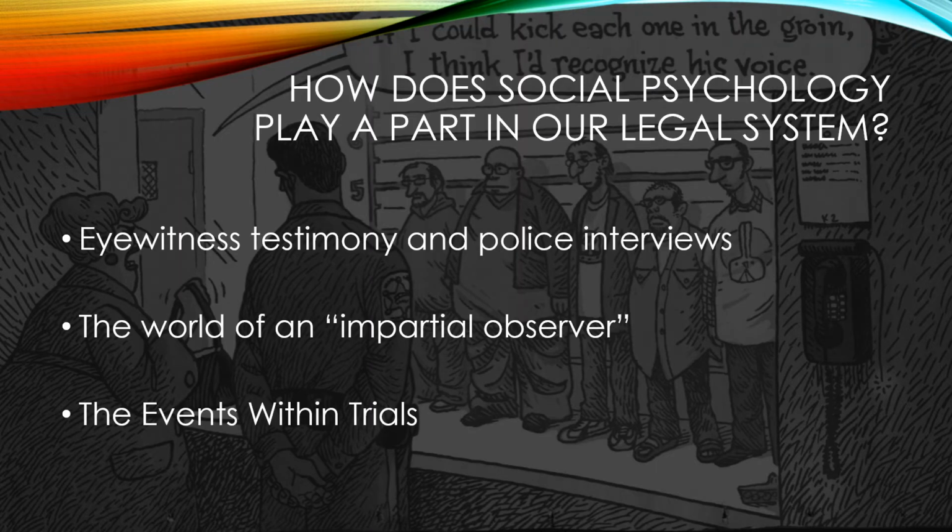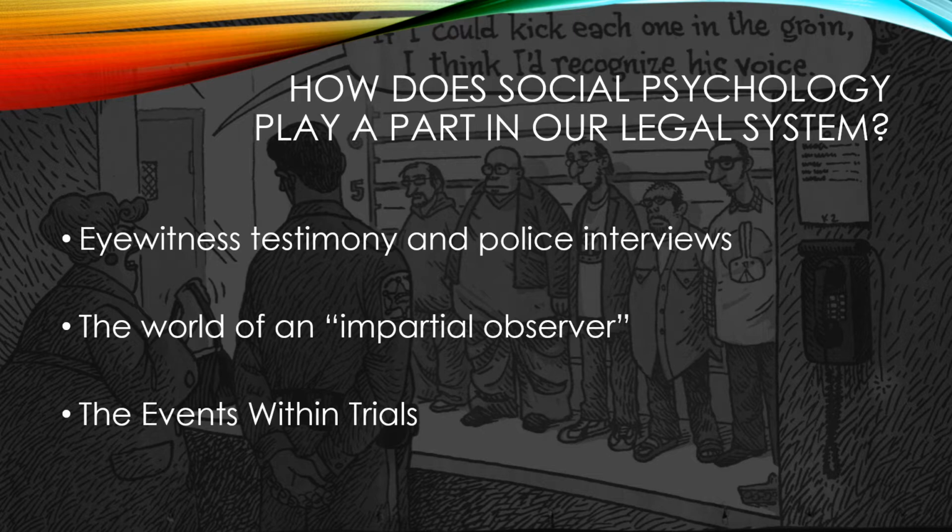So how does it work in our legal system then? Where do we see social psychology concepts coming into play? Well, the short answer to that is everywhere. There's every step along the way within our legal system. We have components of social psychology and cognitive psychology and other branches of psychology that do influence these different elements of our legal system.